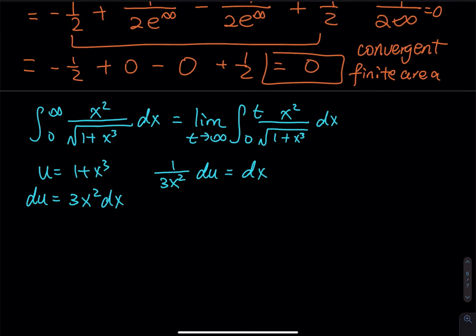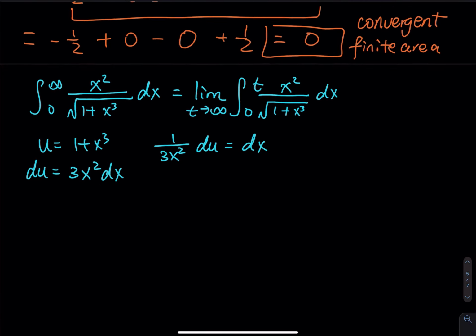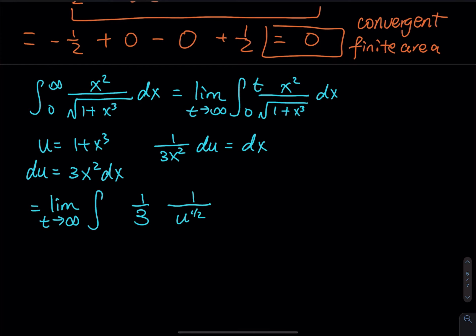The x squared on top will be cancelled. And then we do the change of variable, so that is equal to limit as t approaches infinity. Don't write the upper and lower limit. We have a 1/3. The x squared got cancelled. And then we have 1 divided by the square root of u, which is u to the 1/2 du.